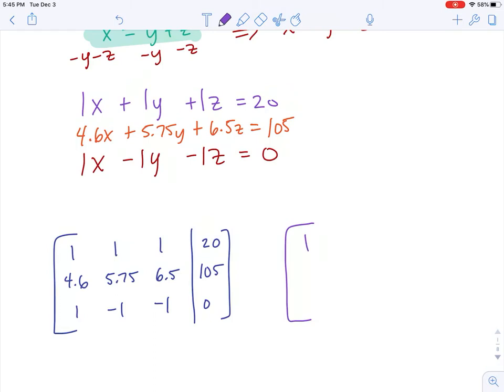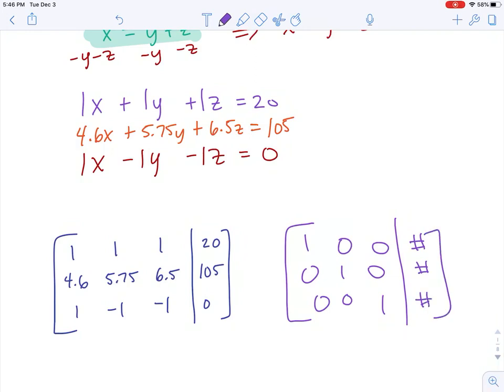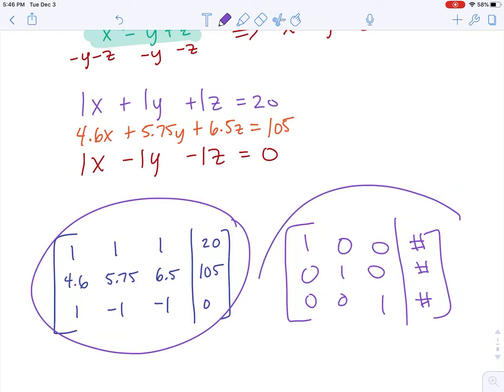In order to solve this using the Jordan-Gauss method, you want to transform what we have as our matrix C so that you have ones all along the main diagonal, and this other side is just going to be whatever numbers fall out after we get ones along the main diagonal. So this is what it looks like now, and this is what we want it to look like.